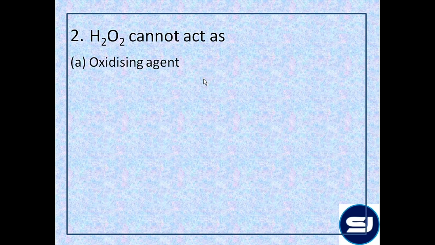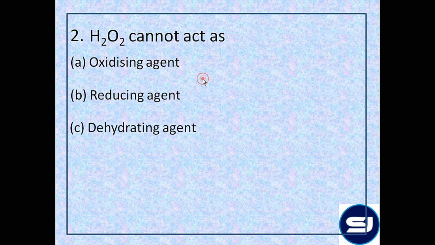H₂O₂ cannot act as an oxidizing agent, reducing agent, dehydrating agent, or acid. Now, H₂O₂ is hydrogen peroxide which contains O in the -1 state, and whenever an element has an oxidation state in the middle, it can undergo both oxidation as well as reduction, thereby behaving as an oxidizing as well as a reducing agent.